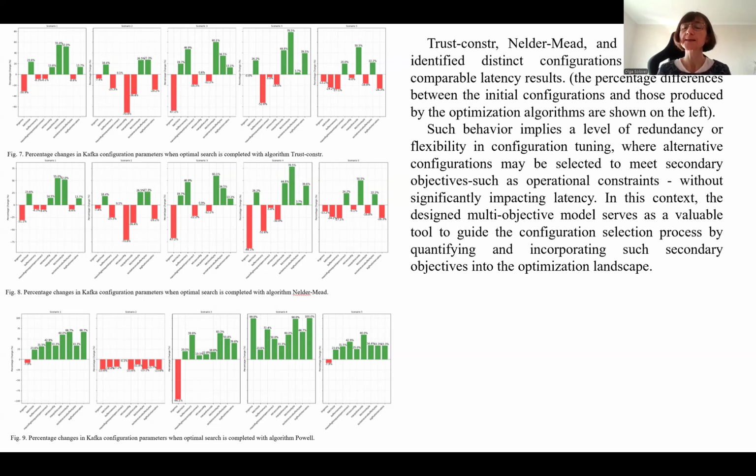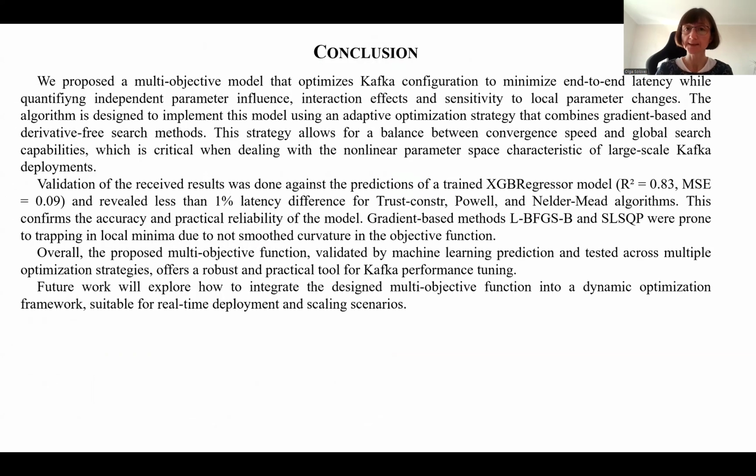Such behavior implies a level of redundancy or flexibility in configuration tuning, where an alternative configuration may be selected to meet secondary objectives, such as, for instance, operational constraints, without significant impact on latency. In this context, the designed multi-objective model serves as a valuable tool to guide the configuration selection process by quantifying and incorporating such secondary objectives into the optimization landscape.